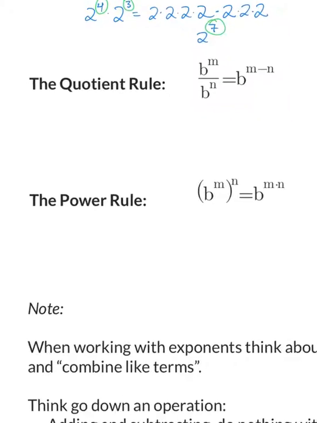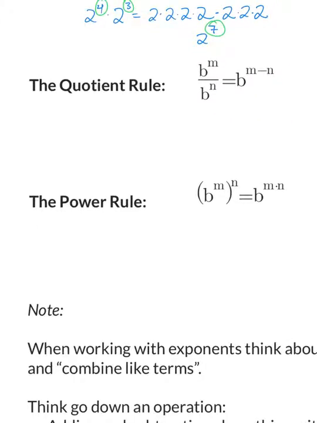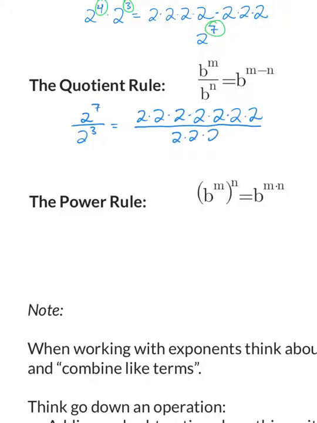The next one we have is the quotient rule. So if we look at the quotient rule, let's say that we have 2 to the 7th over 2 cubed. Well, 2 to the 7th, that is 7 2's. 2 cubed is 3 2's.